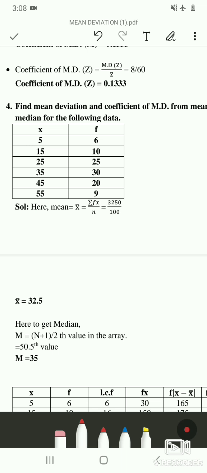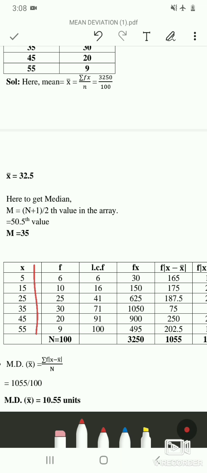We know the formula for mean in discrete case, that is summation fx upon N. In your table, write down the x values, write down the f values, and when you add the f values, you'll get your capital N. To obtain mean, we require fx, that is multiply these two columns.